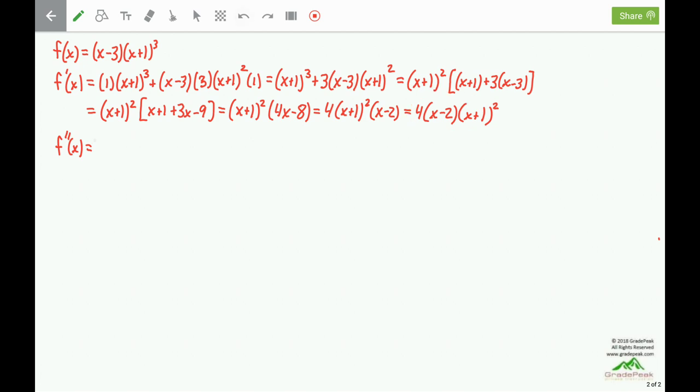So we have 4 times the derivative of the first, which will be a 1, times the second left alone, x plus 1, and then squared, plus the 4 times the first left alone, times the derivative of the second, which is a power rule. Bring the power down, leave the inside alone, subtract 1 from the power, it'll now be to the first power, and then multiply by the derivative of the inside to complete the chain rule.